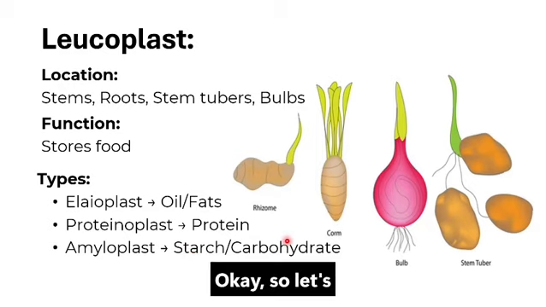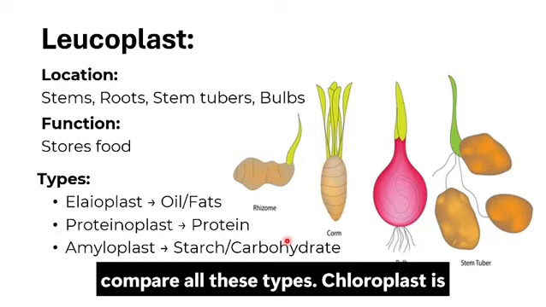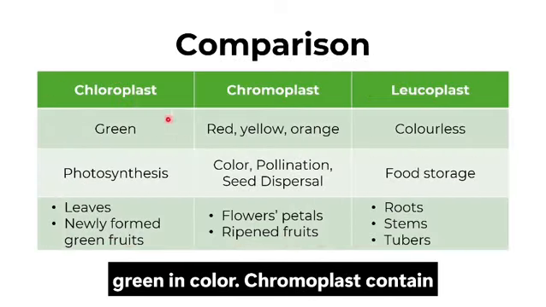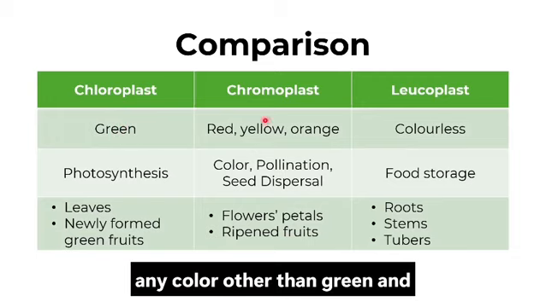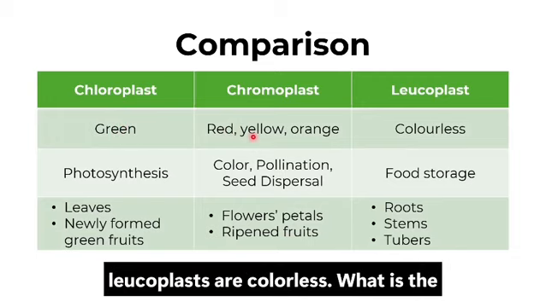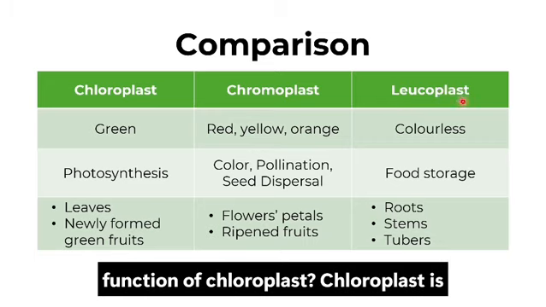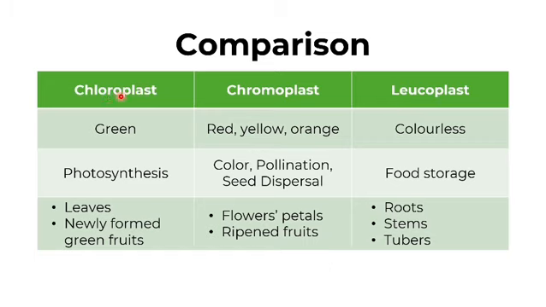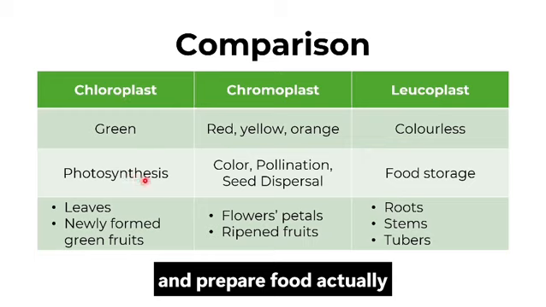Okay, so let's compare all these types. Chloroplast is green in color, chromoplast contains any color other than green, and leucoplasts are colorless. What is the function of chloroplast? Chloroplast is involved in photosynthesis and prepares food.